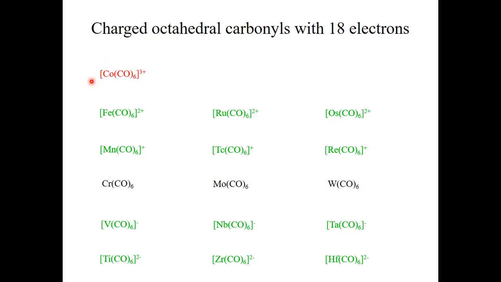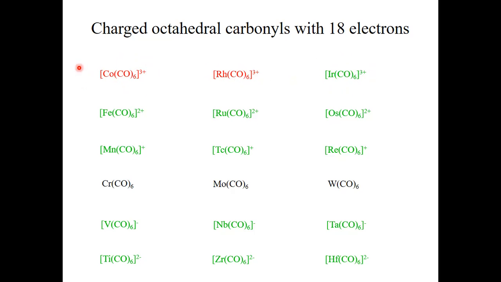However, when we look at whether nature makes this compound, we realize that nature actually doesn't make it, despite it fulfilling the 18-electron rule. It also doesn't make the rhodium compound. However, the iridium compound is known.